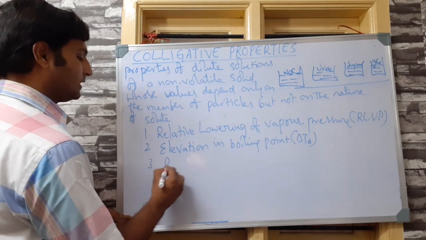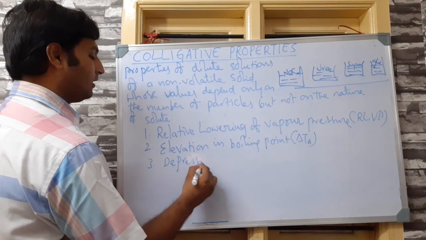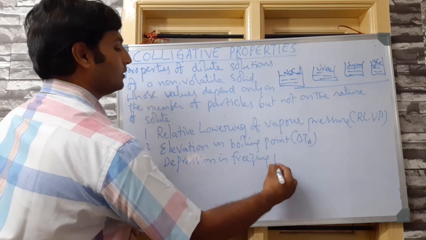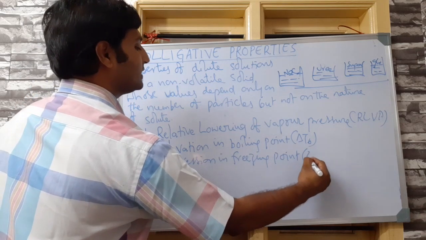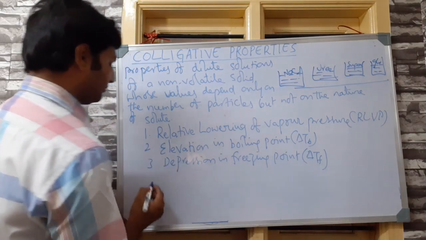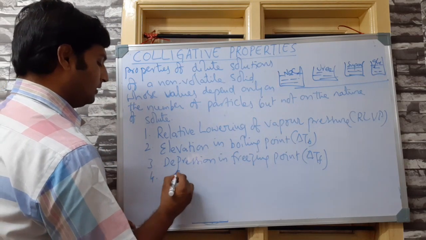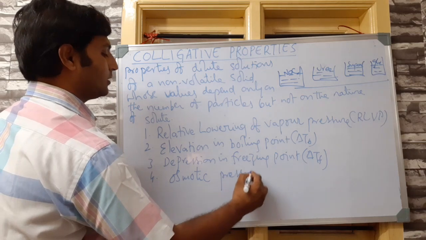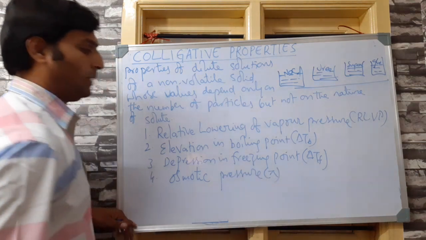Third one is depression in freezing point, symbolized as delta Tf. Lastly, osmotic pressure, which is given by the symbol pi.